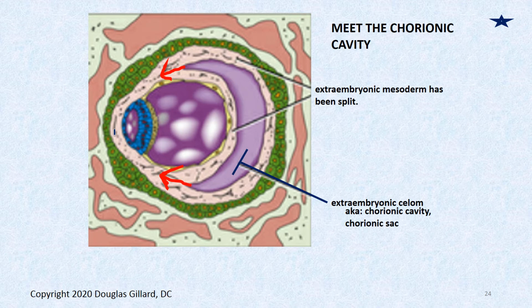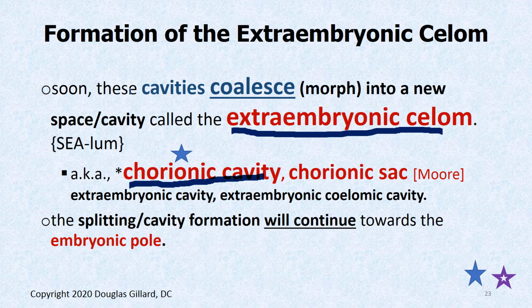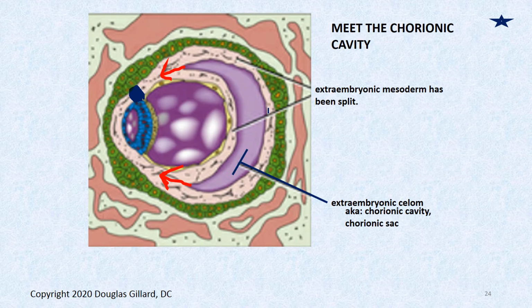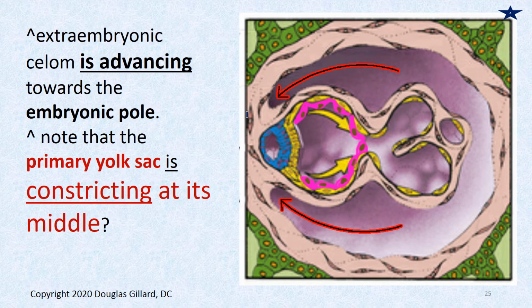All this pink is extraembryonic mesoderm, so it rips and rips, and it stops right here, and that is going to be basically your umbilical cord. Right, so that's the story with that. This cavity is called the chorionic cavity, or the extraembryonic coelom, or the chorionic sac. So make sure you know what that is, because that word is going to be familiar.